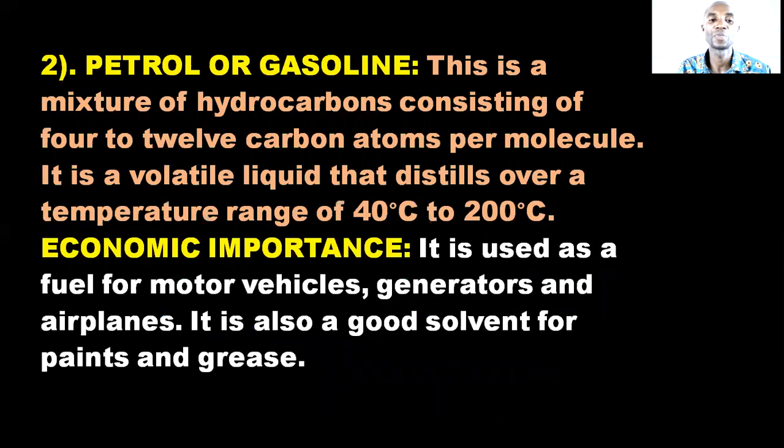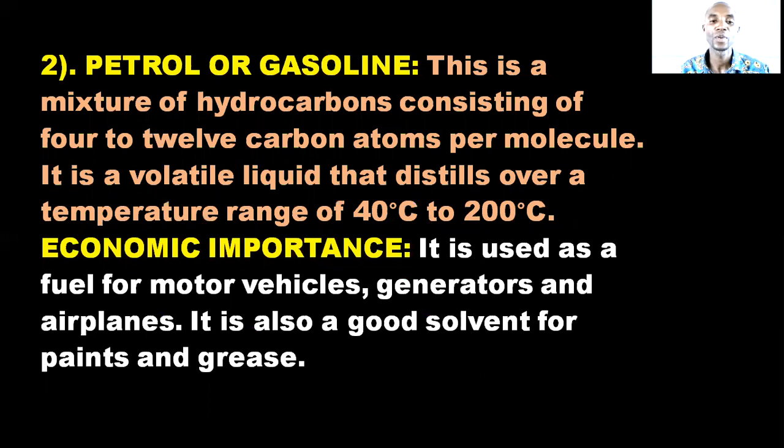All right, next one is petrol or gasoline. We have it there as one of the fractions. And what does this one mean? It's a mixture of hydrocarbons consisting of 4 to 12 carbon atoms per molecule. It is a volatile liquid that distills over a temperature range of 40 to 200 degrees Celsius. Still remember that 1 to 4 are gases.